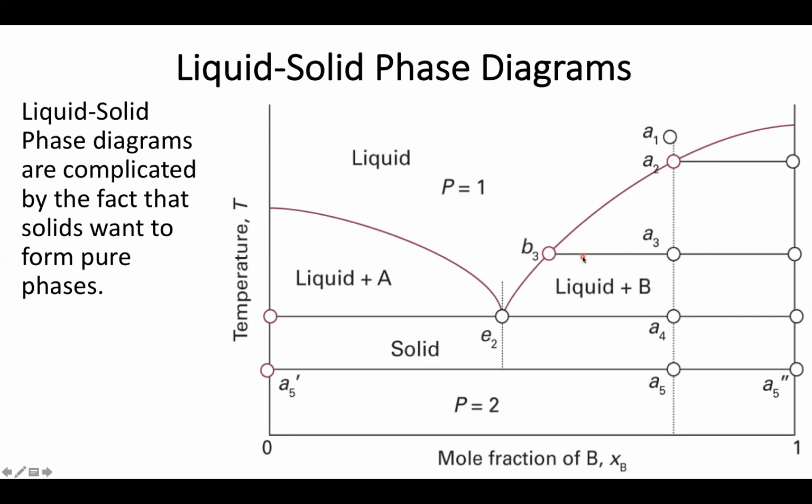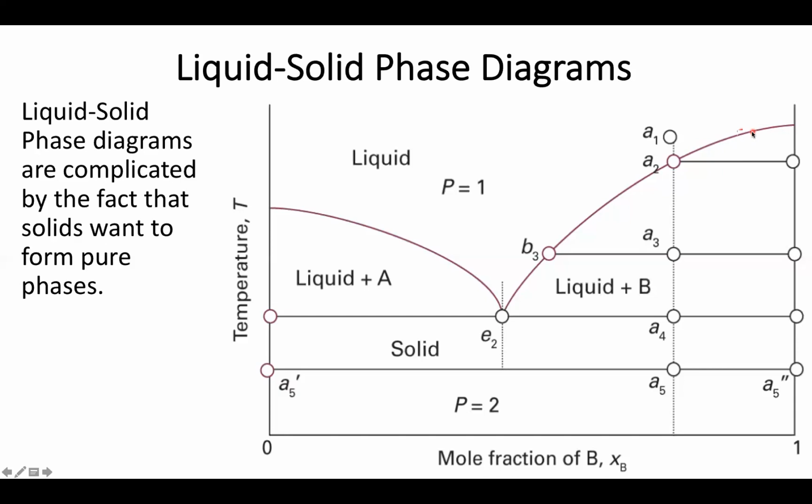So essentially, one way to think about this is from the point of melting point depression. If I'm a pure solid, I'm going to have a fairly high melting point. But as I add in more and more B, this melting point is going to essentially depress.